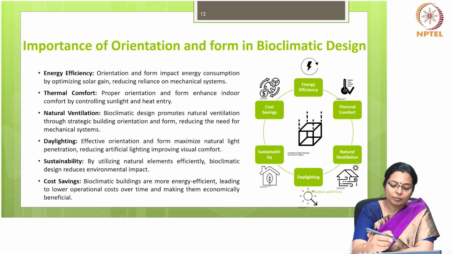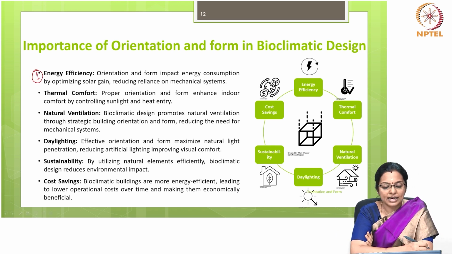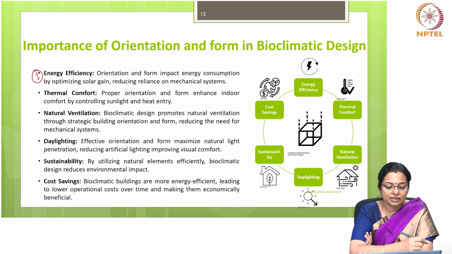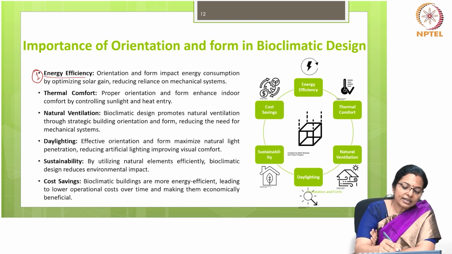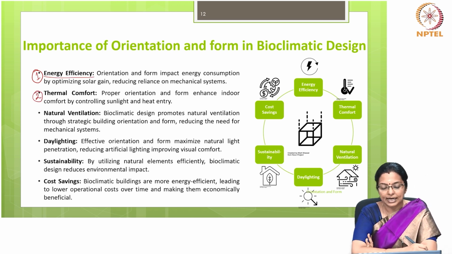So, having a proper orientation and form can impact energy consumption, because we can design buildings which are comfortable just by proper orientation and by having a proper form, and therefore reducing the load on the mechanical system, giving us energy efficient buildings. Such buildings can also enhance the thermal comfort inside.